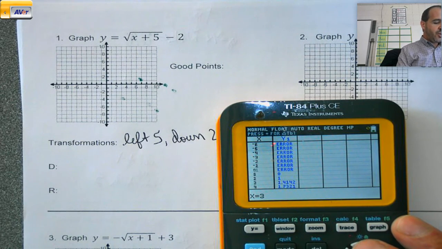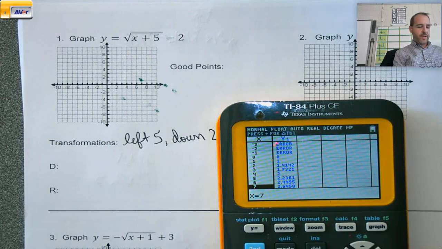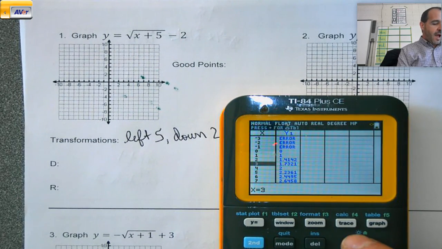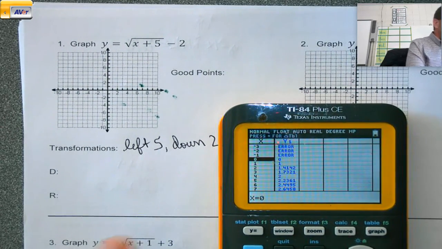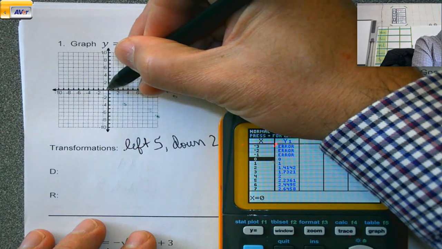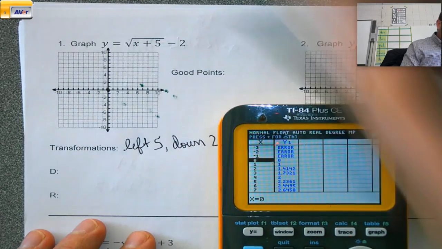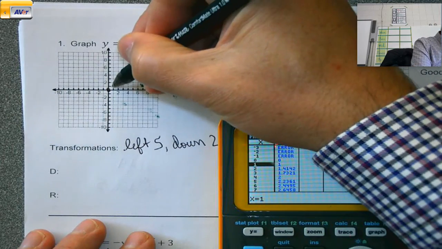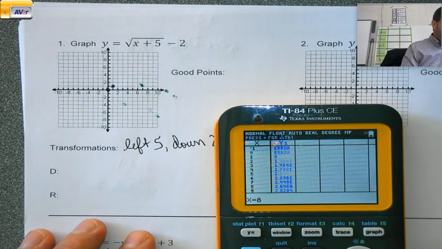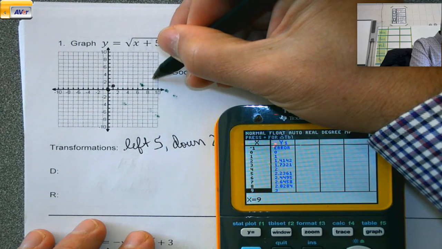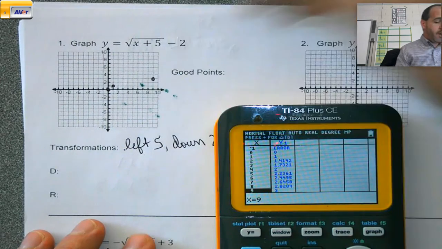Here's what I want you to do. I'm hoping you're going to have two colors, but if you don't, we can make this work. I want you to plot just the points of your parent graph, okay? So we're going to put a dot at 0, 0, a dot at 1, 1, and a dot at 9, 3. Don't connect them.